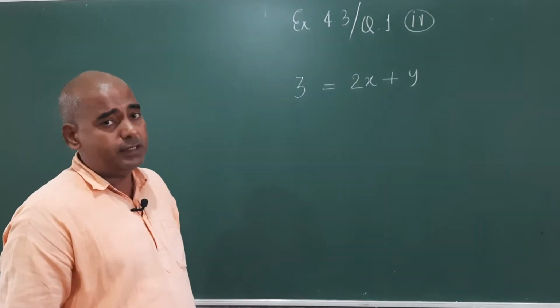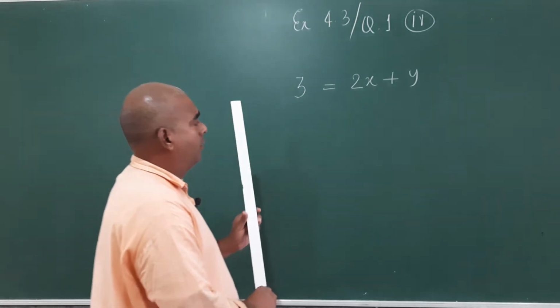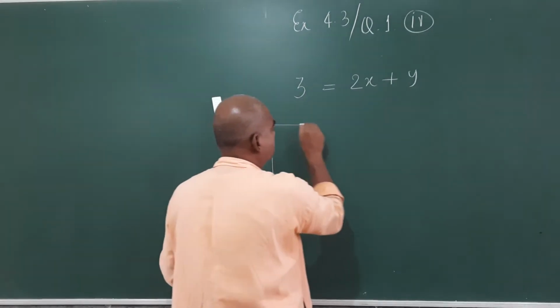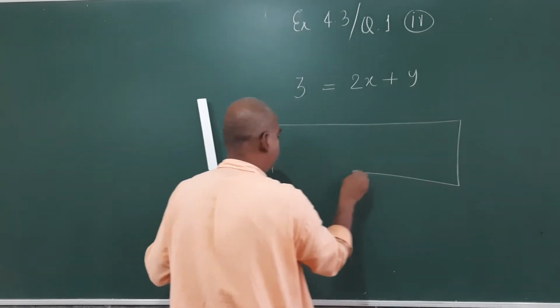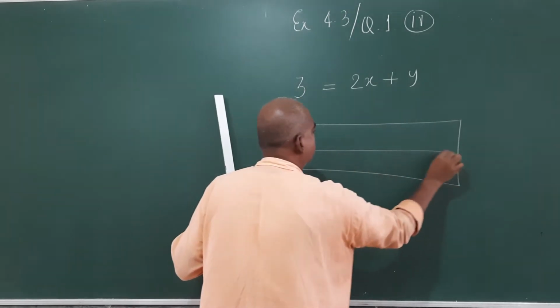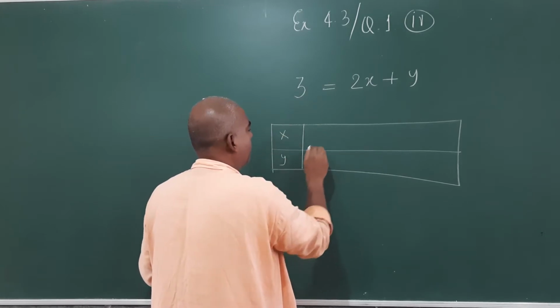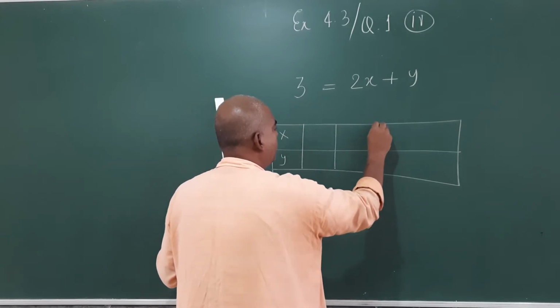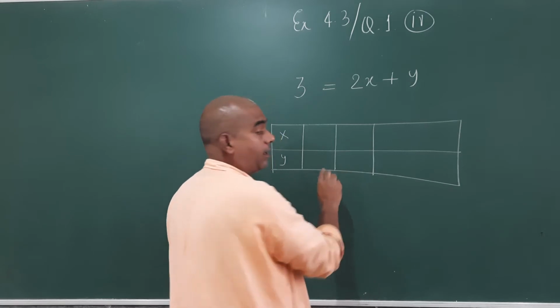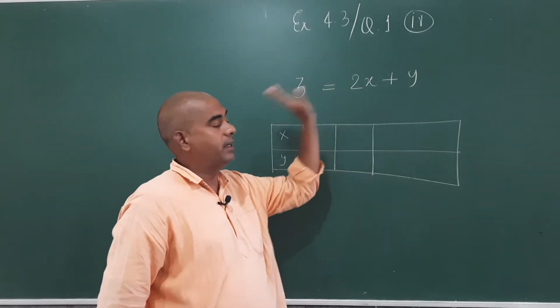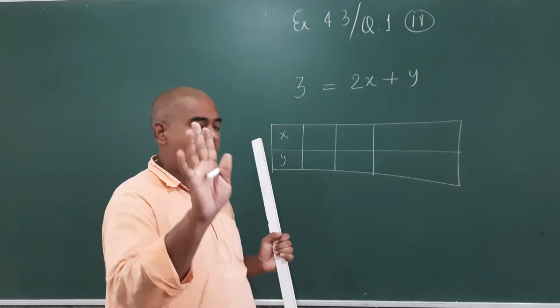So it's very easy. What we'll do, you will make a table first. This is x, this is y, and I have told you in my earlier videos, there may be many points to draw this line, but only two are required.